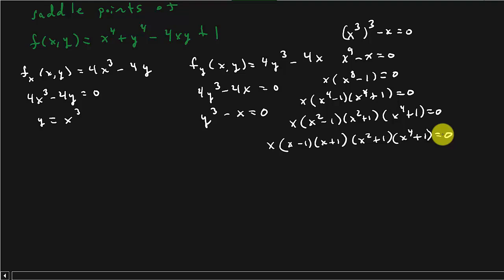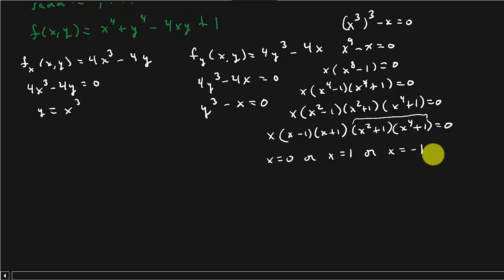So we did all that factoring. And so when you set each of the factors equal to 0, we're going to get x equals 0, or x equals 1, or x equals -1. See, these two factors, they'll never be 0. So we just set these three equal to 0, and that's what we get.